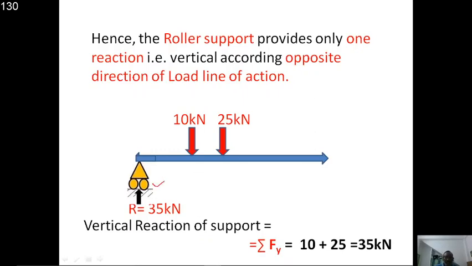Hence it can take the vertical loads. Therefore sigma Fy is equal to sigma Ry, therefore Ry is equal to sigma Fy, that is 10 plus 25, which is 35 kilonewtons, right?